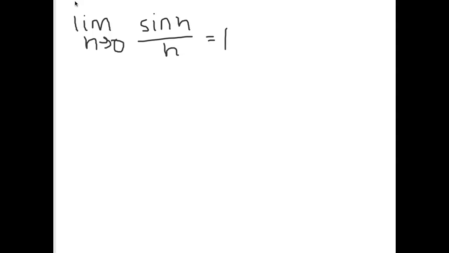You could graph that and see that. And then it says we can deduce the value of the remaining limit. So again, limit as h approaches 0 of cosine h minus 1 all over h.